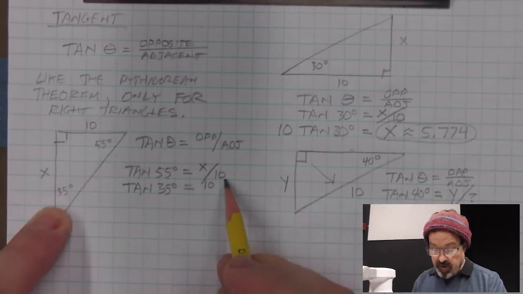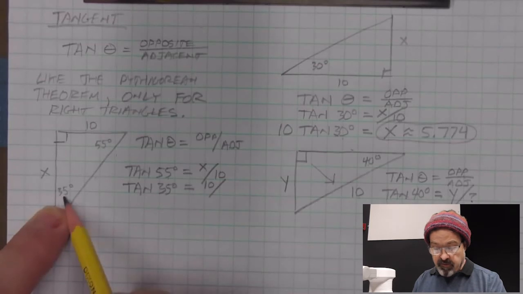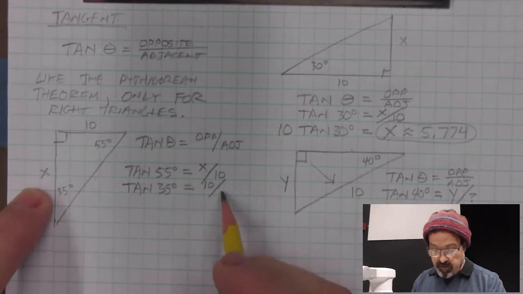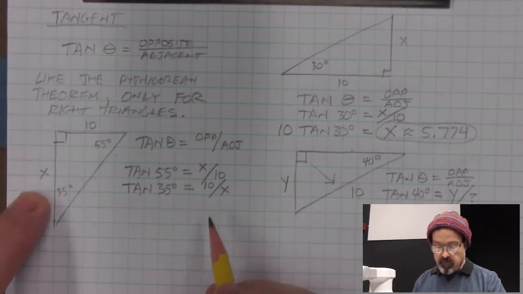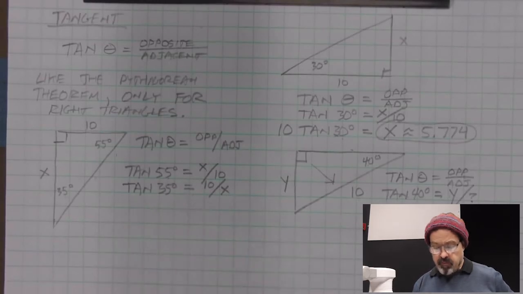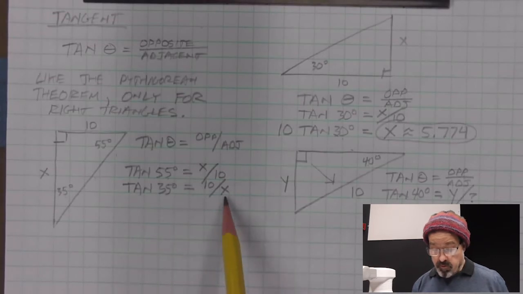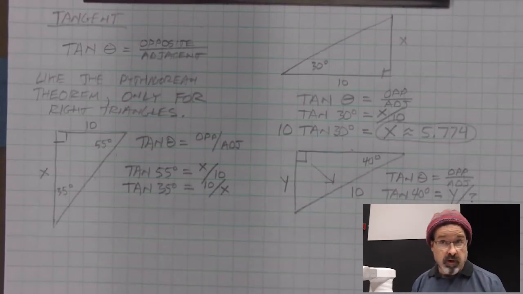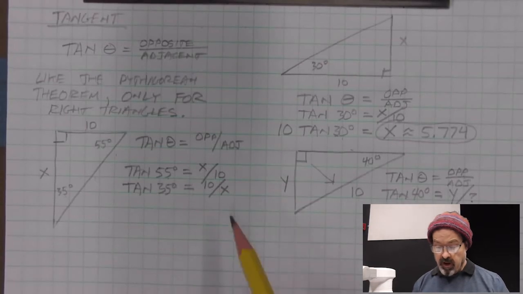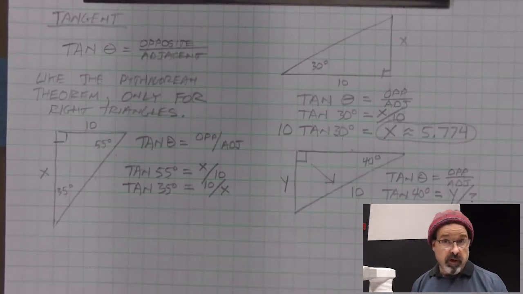And when we divide by the side adjacent to 35, it's going to be x. So my setup is a little bit different, but it's done correctly. And I created an equation with one unknown x. I could use it to solve for x.